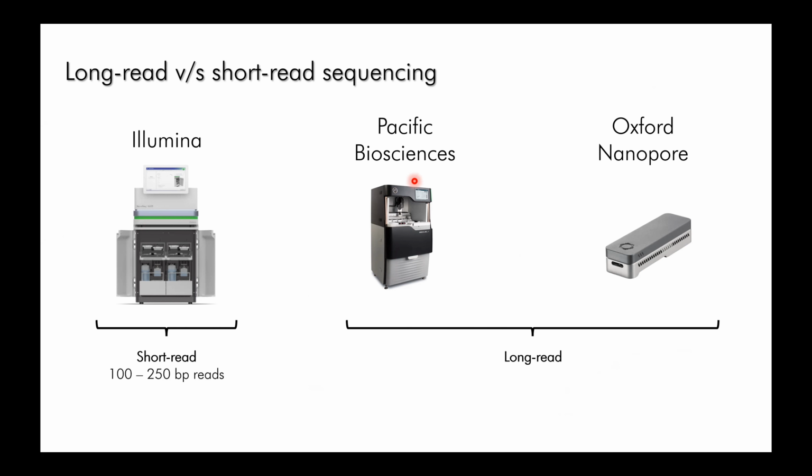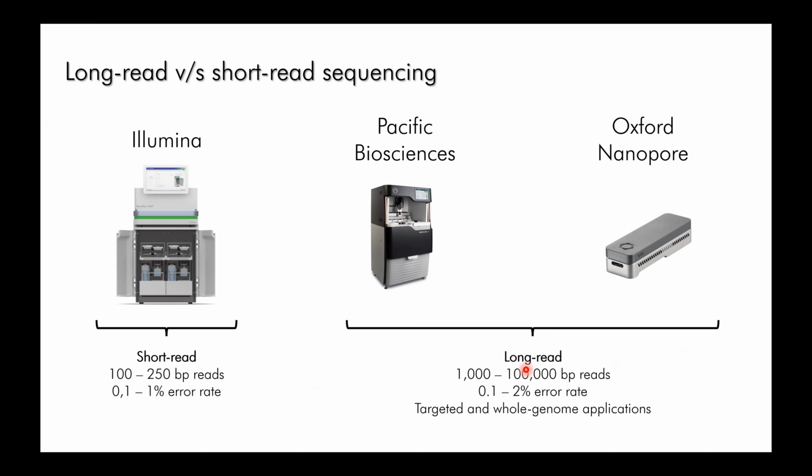Short reads means typically on the order of a read length of 100 to 250 bases at a really, really low error rate. Long-read sequencing technologies, on the other hand, are able to sequence much longer fragments of DNA, starting with perhaps 1,000 bases and going up to a few 100,000 bases, at a somewhat increased error rate, although one has to say that the error rate of these technologies has really been falling very steadily over the last years.